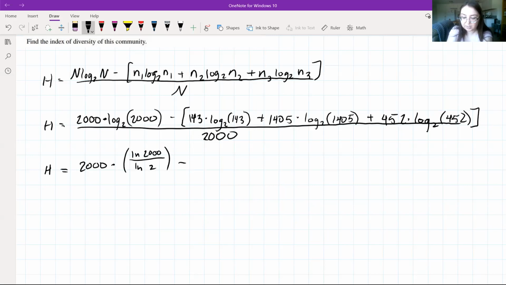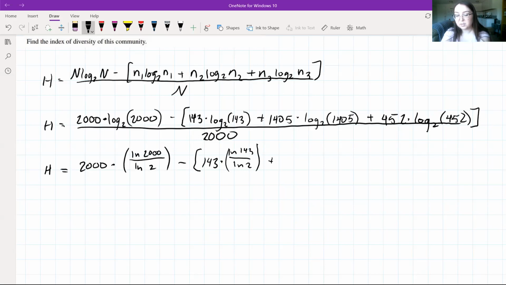That was just our first term, so now moving on to the rest of our terms. We're going to get 143 times the natural log of 143 divided by the natural log of 2.